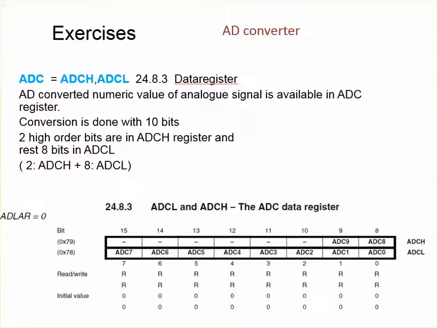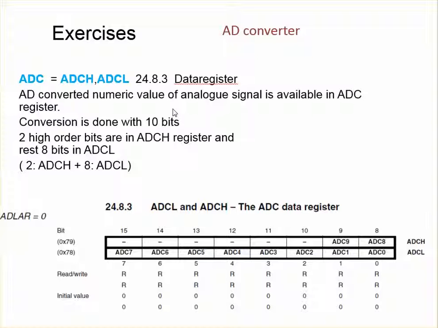And when the conversion is done, we have to of course read the converted value somewhere. And it's the ADC register. That's the register that will contain the converted value. And as we know that this is a 10-bit converter, of course the converted value is presented with 10 bits.